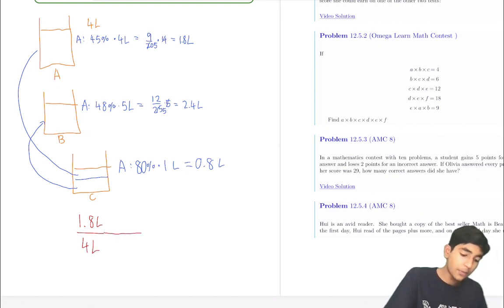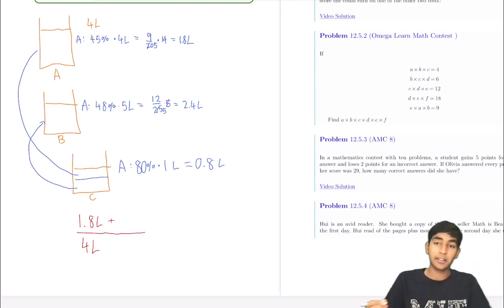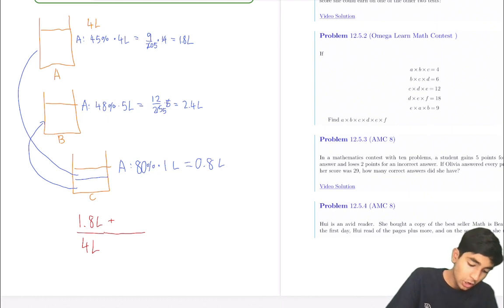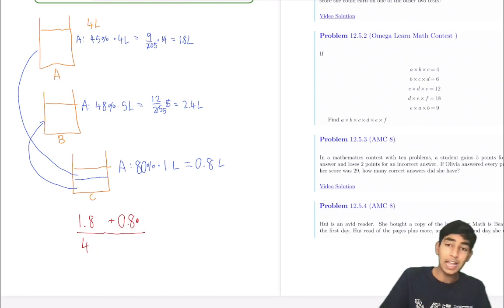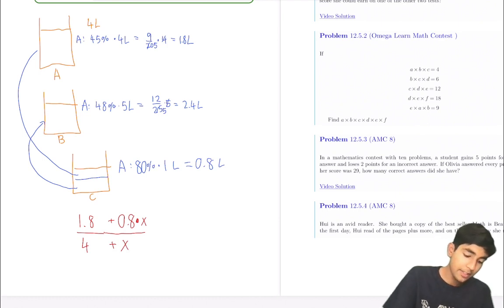But after adding some fraction of the solution C, X, the fraction, we're adding 0.8. I'll remove the units for now. 0.8 times X liters of acid and just simply X total liters of liquid. And this has to be 50% or half.